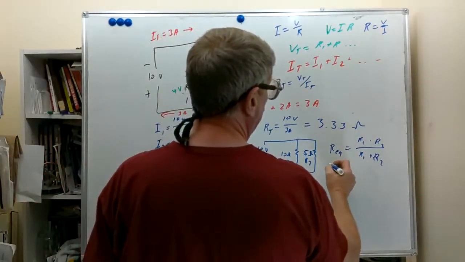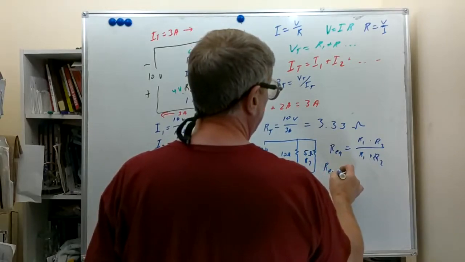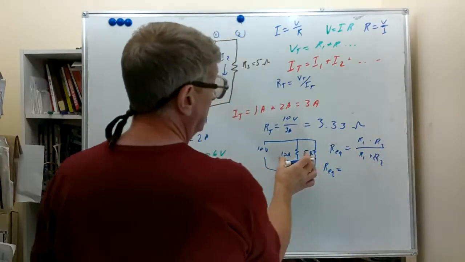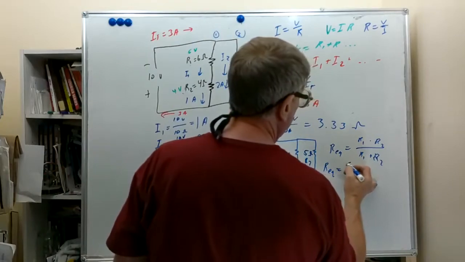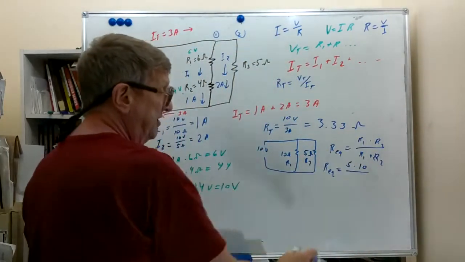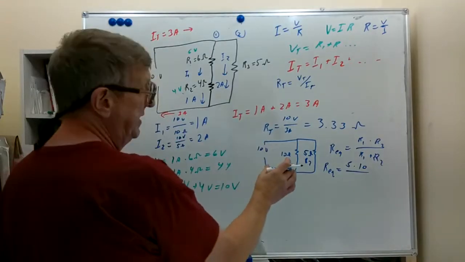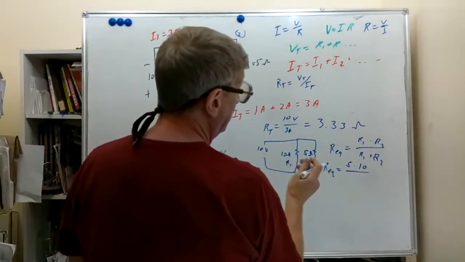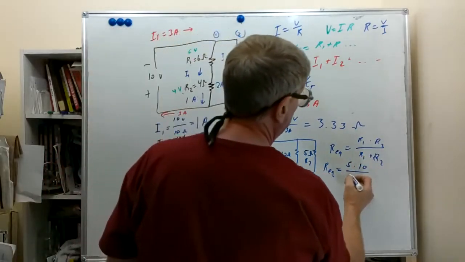So we take this same formula, REQ is equal to R1 times R2, 5 ohms times 10 ohms, that's the numerator of your fraction here, and the denominator is R1 plus R2, so it's 5 plus 10.